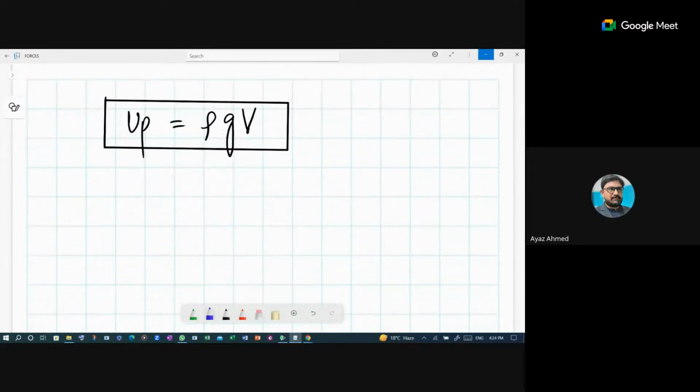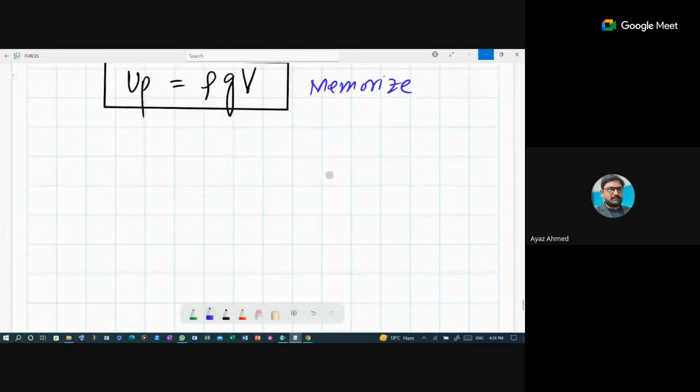But simply you have to memorize this equation, that rho g h is equal to rho g V is equal to upthrust. And it's not a game of complication, because you know that pressure due to liquids is, do you know what the pressure due to liquid is?